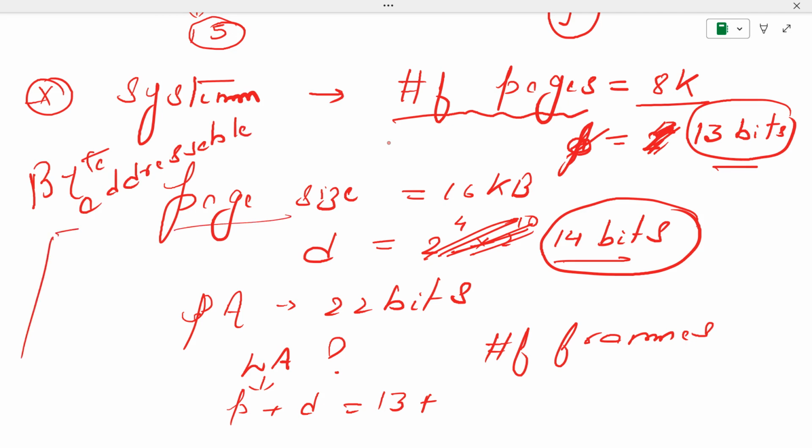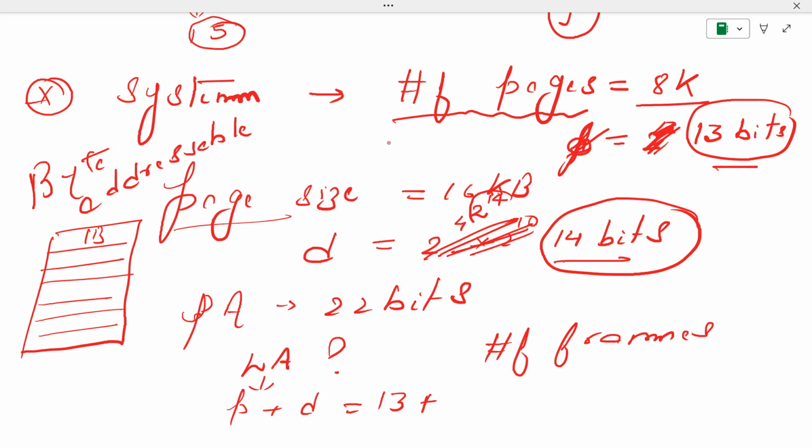If this is a page containing 16 KB, there will be 16K rows, each containing 1 byte. So the total number of rows will be 2 raised to the power 4 plus 10, that is 2 raised to the power 14. To represent 2 raised to the power 14 rows, 14 bits are required, so D, the page offset, becomes 14 bits. And we were already given the number of pages 8K, so it is 13 bits.